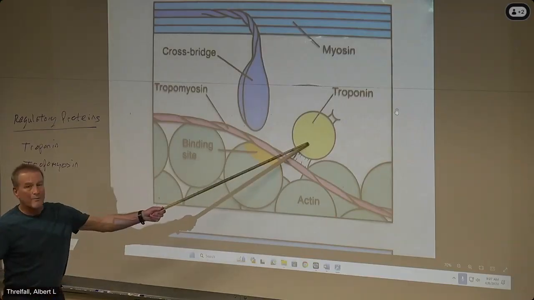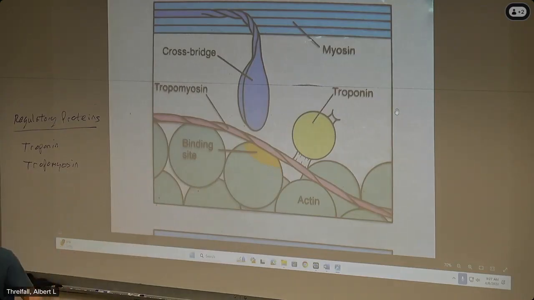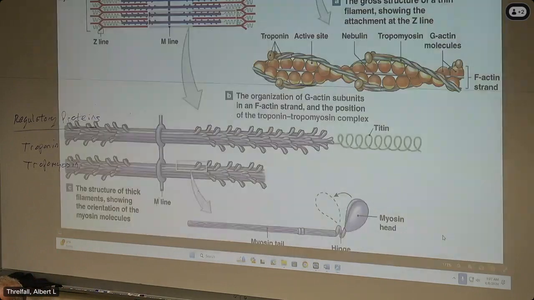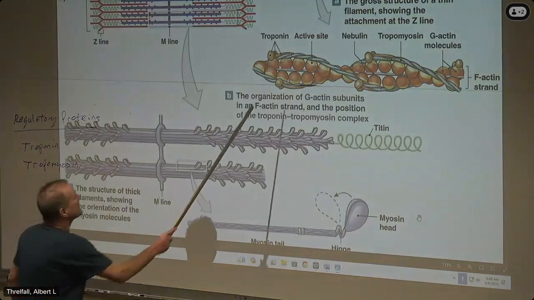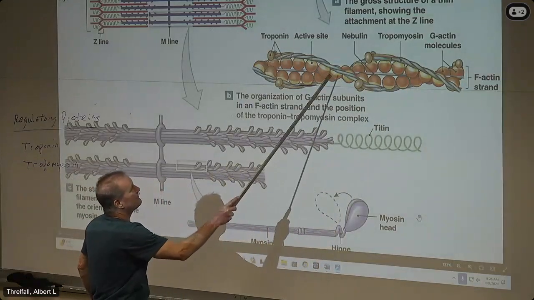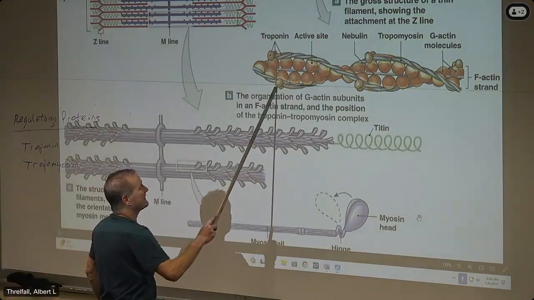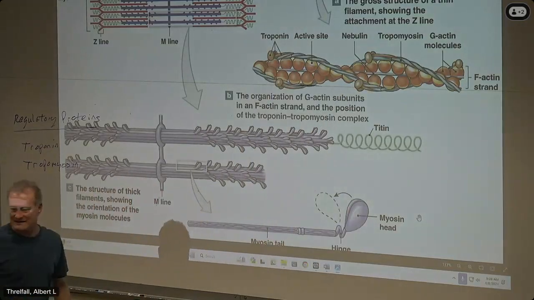And we see troponin is connected to tropomyosin. So just like we saw here, we see tropomyosin spiraling around actin, blocking the binding sites, and we see troponin is connected to tropomyosin.